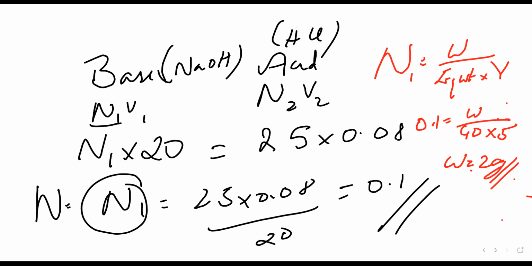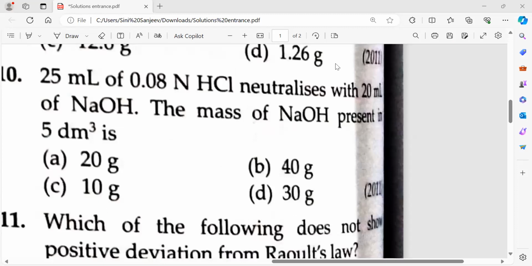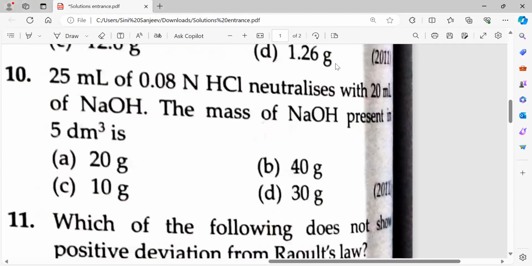Aaron is having a doubt. What is the molecular mass of NaOH? Hydrogen 1, oxygen 16.